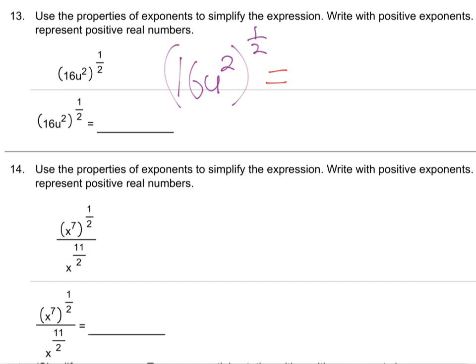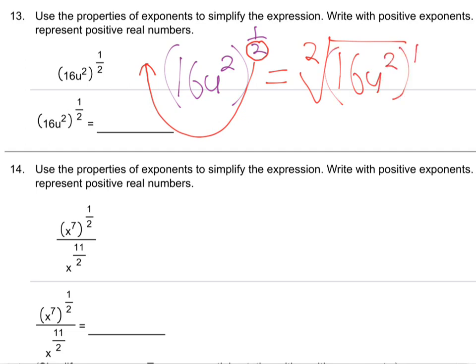So this 2 is going to swing into the hook, and the 1 will stay put. Now that 1's not doing anything, is it? 1 power, that's just nothing. So I'm just going to say this is just the square root of 16u squared. That 1 power is not doing anything, right?